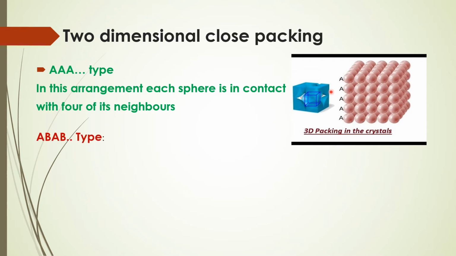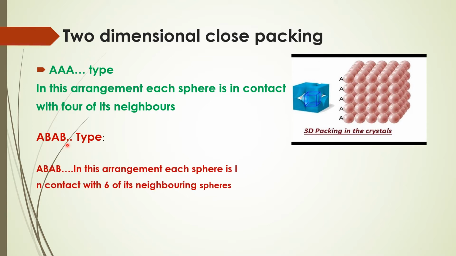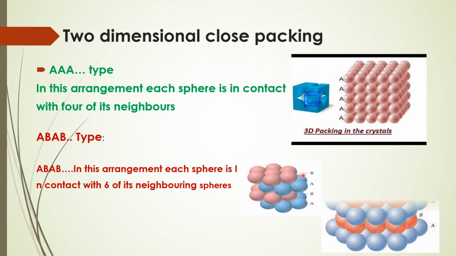Suppose two types of molecules are present in your arrangement, the AB arrangement. Each sphere is in contact with six neighboring spheres. See, this is A, this is B, then this is A and this is B. I take this atom: it has 3 at the bottom and 3 at the top, so 6 neighbor spheres are available.